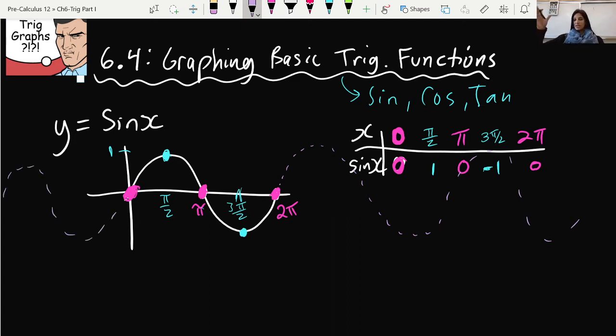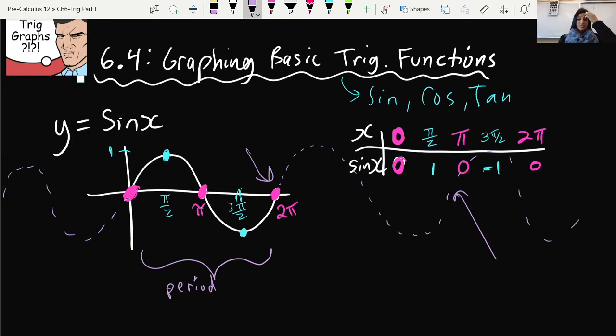But I've chosen to zoom in on one period, or one cycle. So I would call this a period. The next period would start right here and go to this point here, where the same pattern starts repeating again. So we're taking a little snapshot of what's actually happening and zooming in to look at the key aspects of this graph.